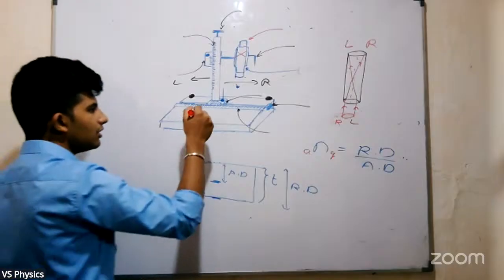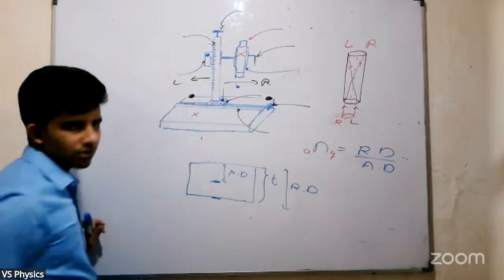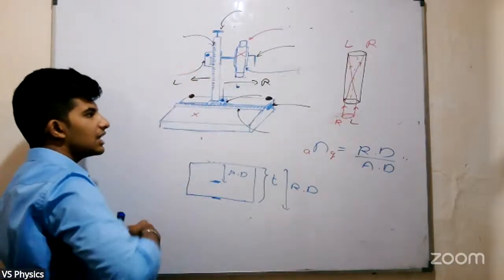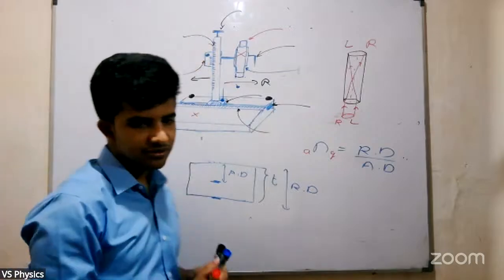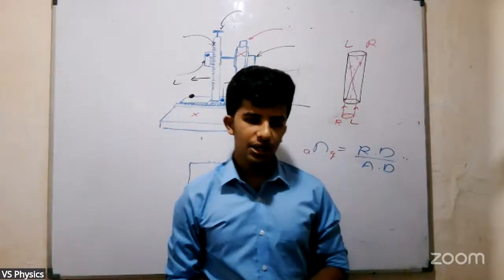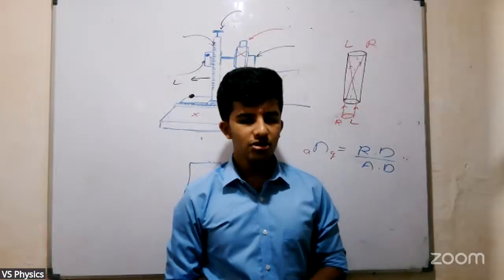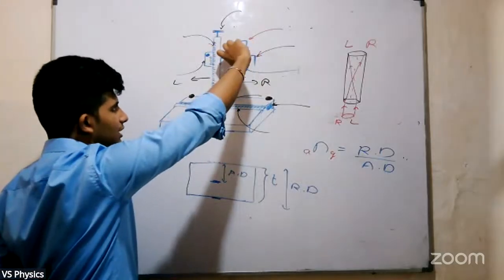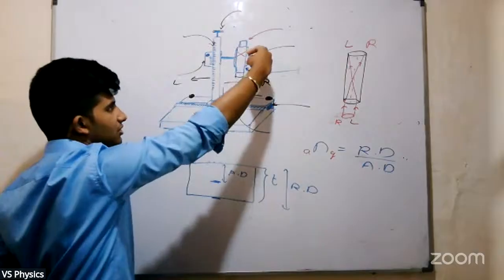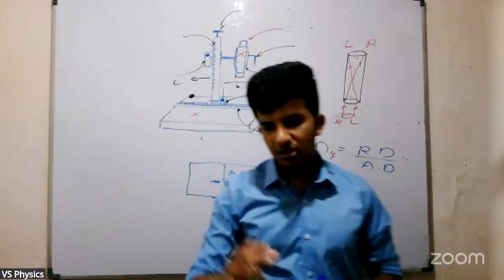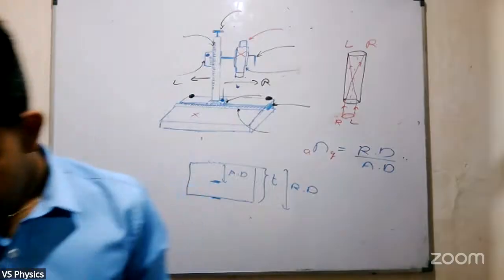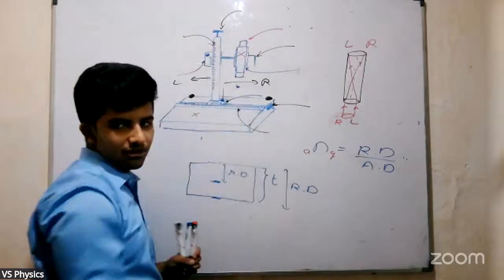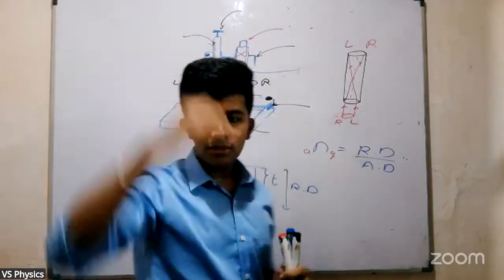First of all, we place a paper with a cross mark on it, and then bring the traveling microscope to this point and focus it on the cross. What we normally do is make the microscope horizontal and focus on the object somewhere in the middle, not at the maximum or minimum.